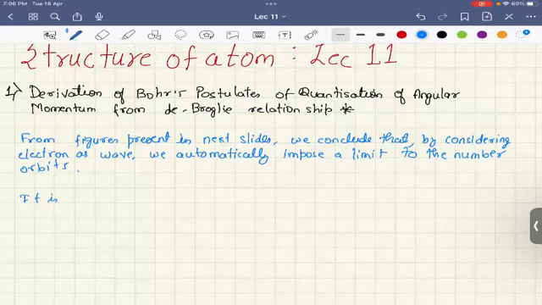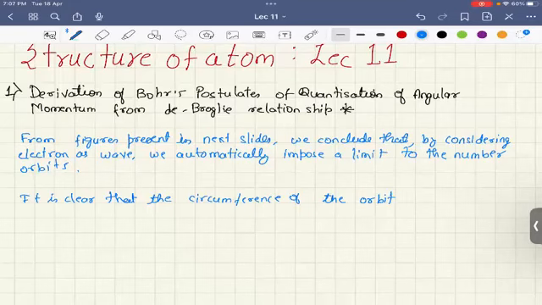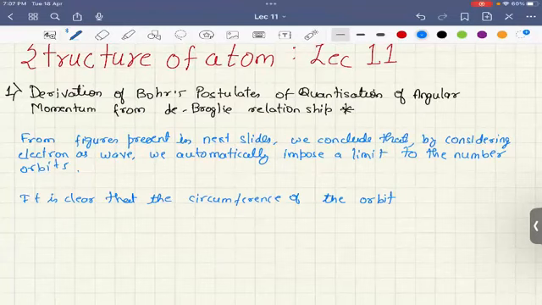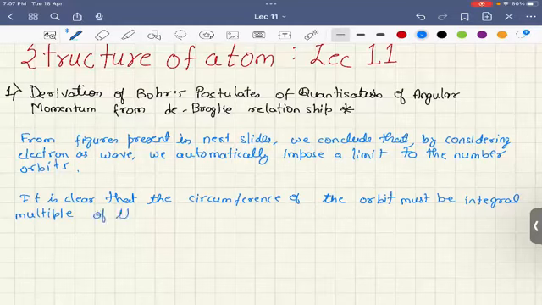It is clear that the circumference of the orbit must be an integral multiple of the electron wavelength.